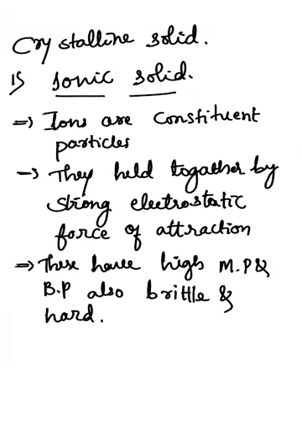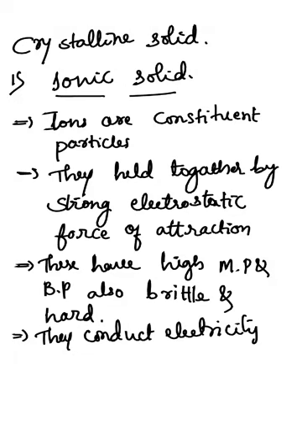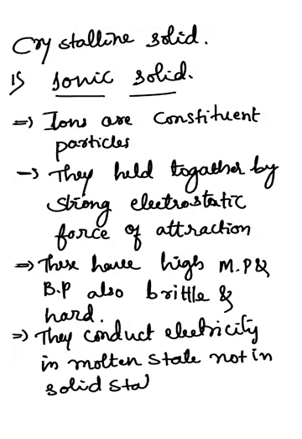Next, they conduct electricity in molten state, not in solid state. Dear students, look at this very important point. The ionic solids mainly conduct electricity in a molten state or in dissolved state, not in a solid state, because when the ionic solids are dissolved in water, they split into ions, and these ions have two charges, that is positive charges and negative charges.